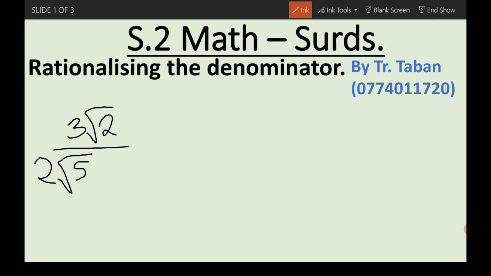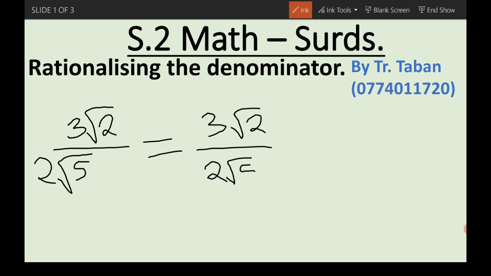In other words, this is the same as 3 root of 2 divided by 2 root of 5. So multiply the denominator, 2 root of 5, by itself, and in the numerator we also multiply by 2 root of 5.